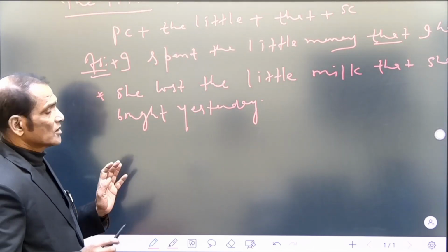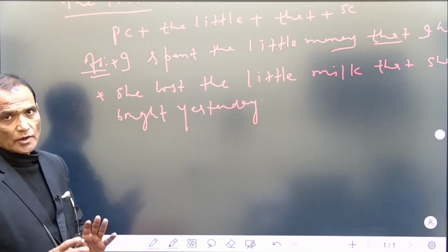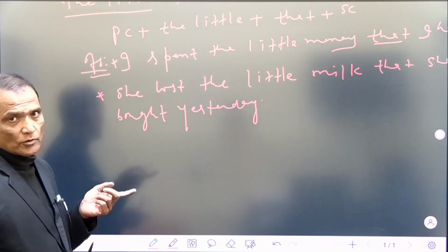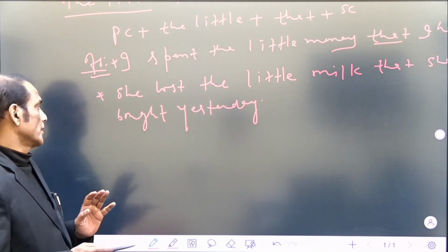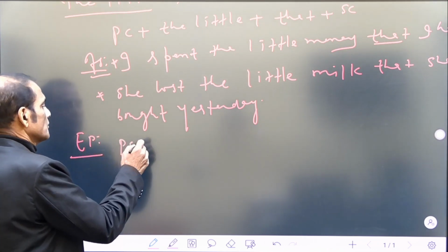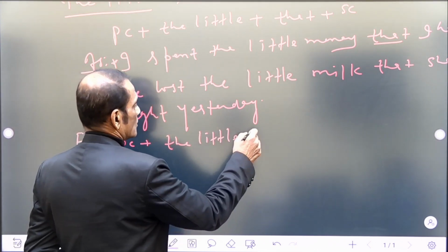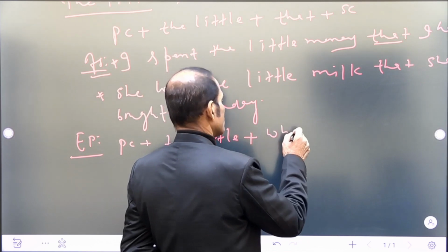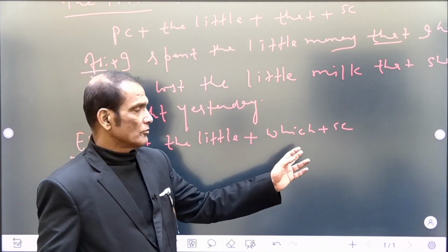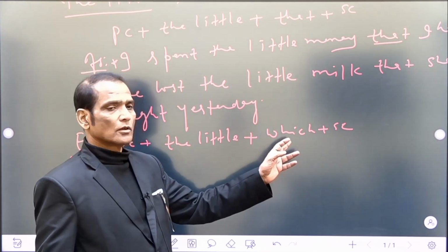In case of the little, you have to care for your subordinate clause, that is always started with that, not any other word or pronoun or anything. So if you miss that there, then there will be error. So see its error point, EP. PC plus the little plus which plus subordinate clause. If which replaces that, then there is error. So here should be only that, not which.